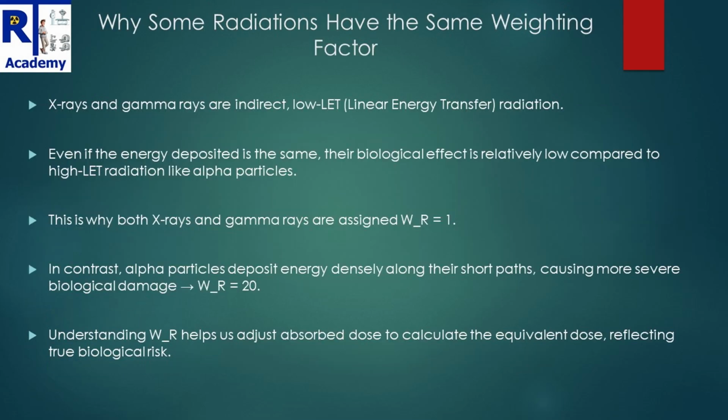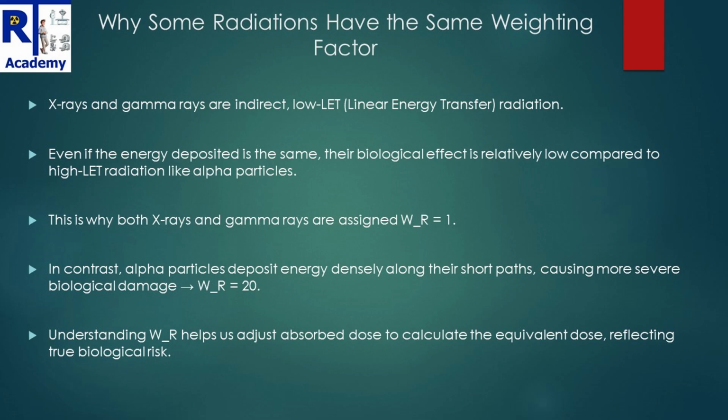But X-rays and gamma rays have the same WR, because both are low LET (linear energy transfer) radiation. They deposit energy sparsely along their path, causing less biological damage per unit energy. High LET radiation like alpha particles deposits energy densely along a short path, causing more severe damage. Therefore, the WR is 20.